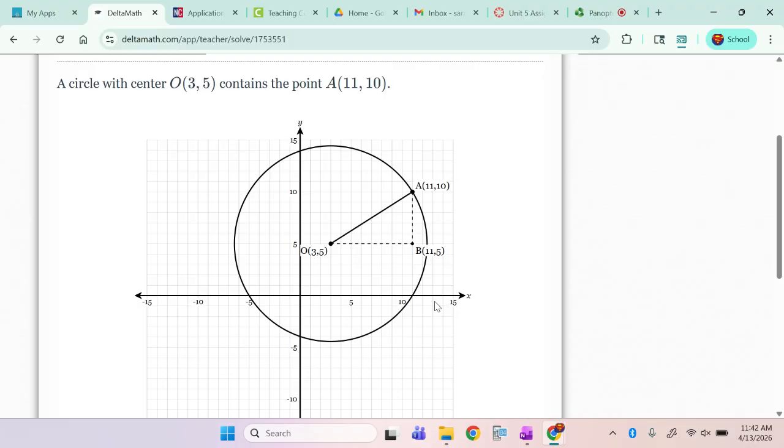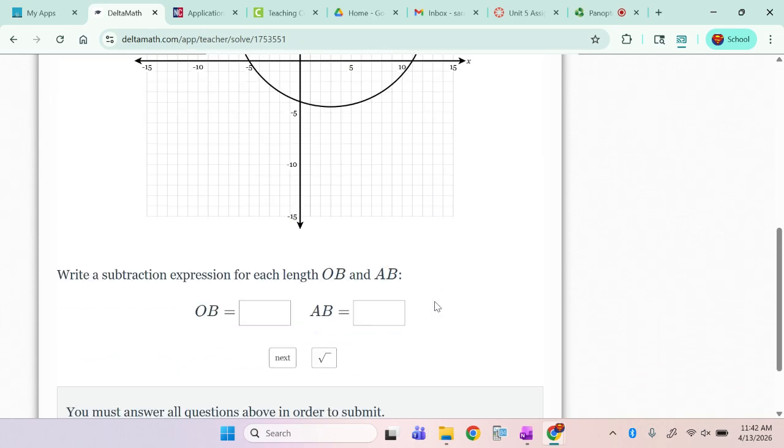So what should we get for this one? And this one? Now, if we actually count them, is that what we get? Take a minute, count both these lengths. See if you get 8 and 5. So you should get 8 and 5.